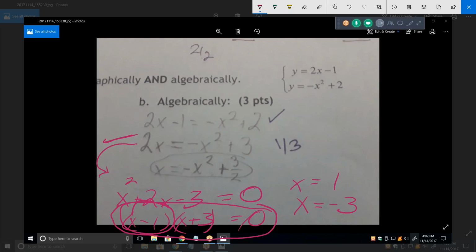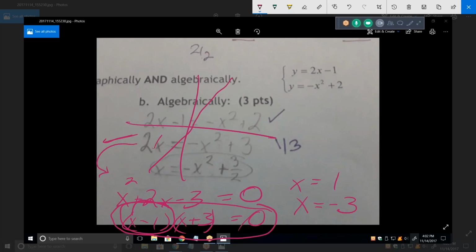Now, notice, I can't see what the instructions are here. What do they say? Solve the following system both graphically and algebraically. Okay. Graphically would be if I plotted both lines. One line might look like that.